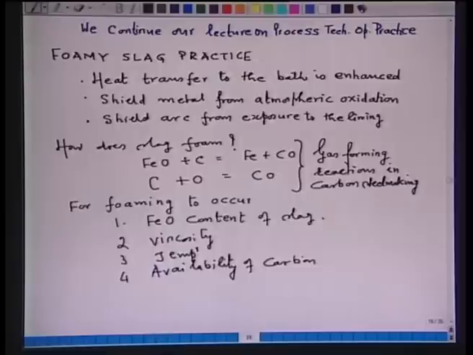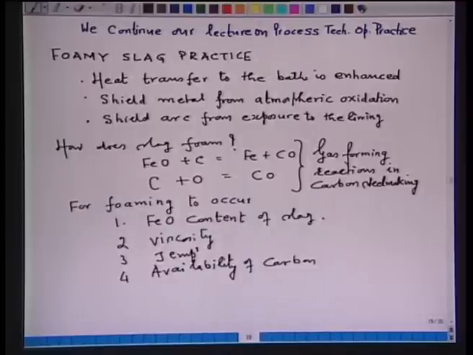Imagine, for example, 100% scrap melting practice, hardly there is carbon over there. So, it is not possible to form a practice which runs on 100% scrap. What to do? Then you have to inject carbon if you want a foaming slag practice.